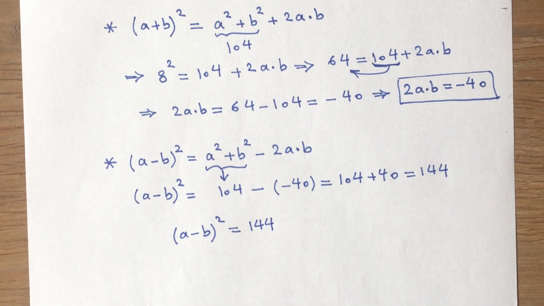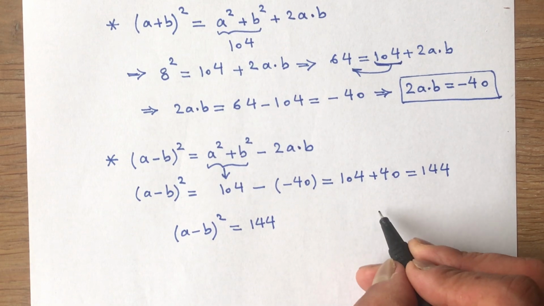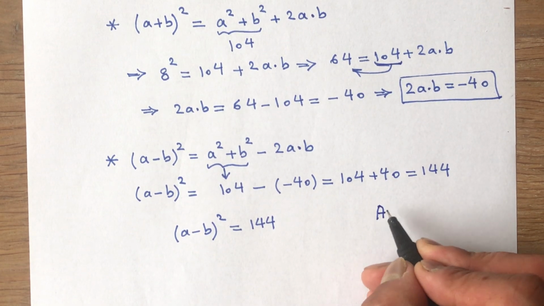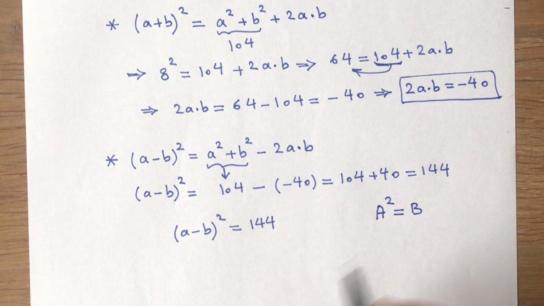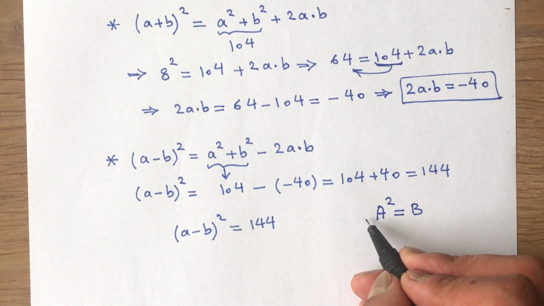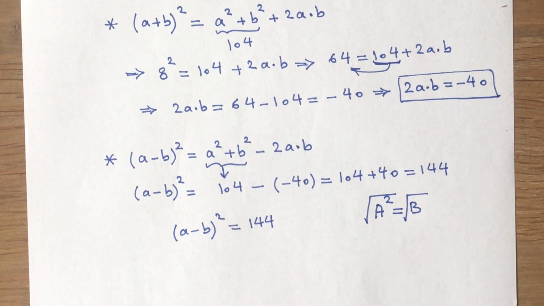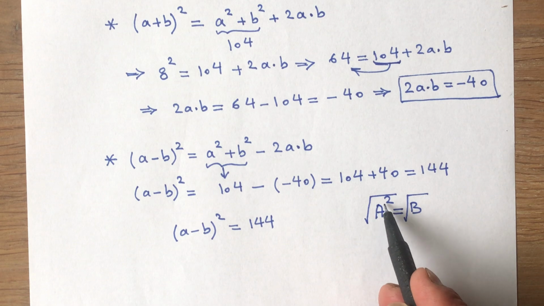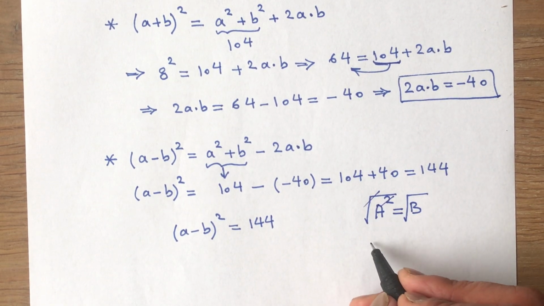You can use another algebraic formula, which I can write here. If a squared equals b, then you can take the square root of both sides, and the square root cancels the square on the left, and it's a.